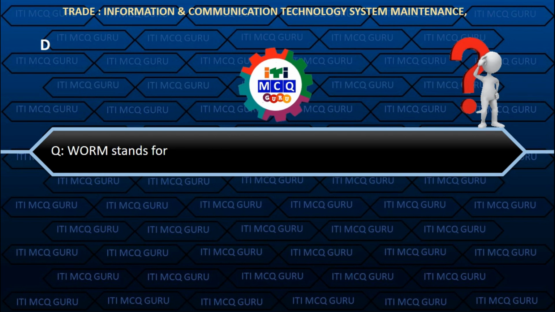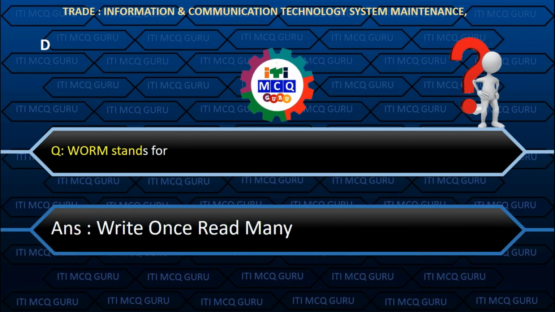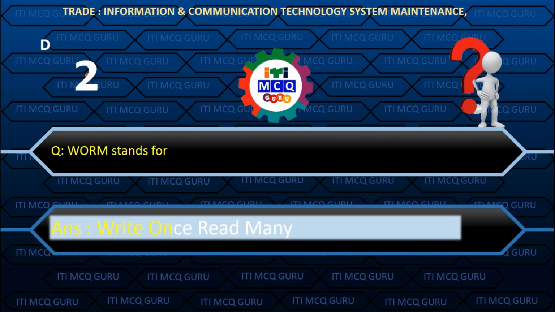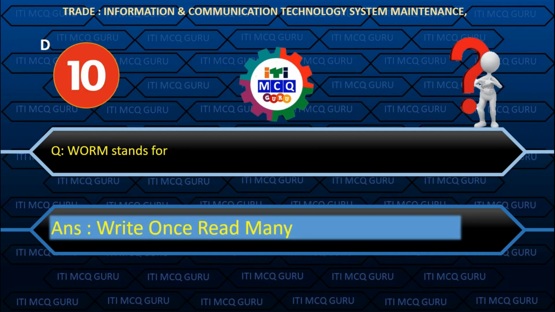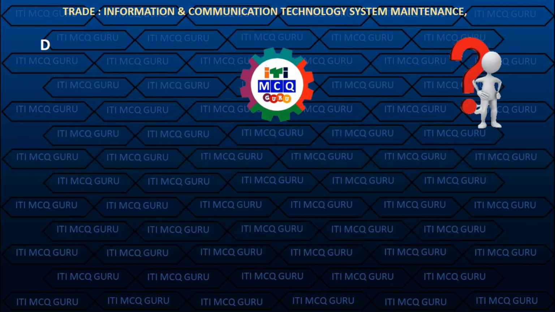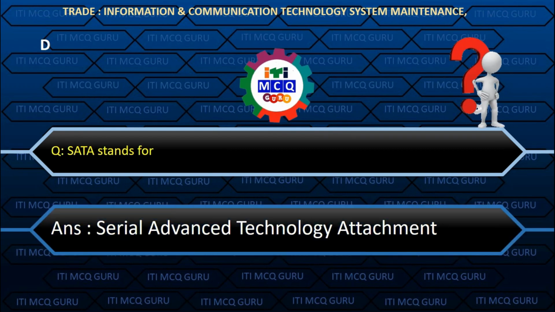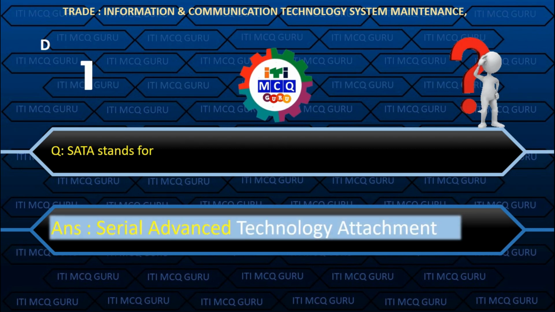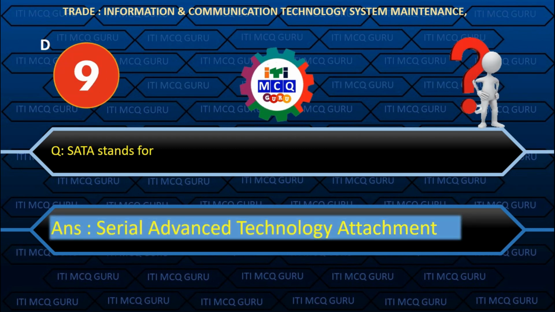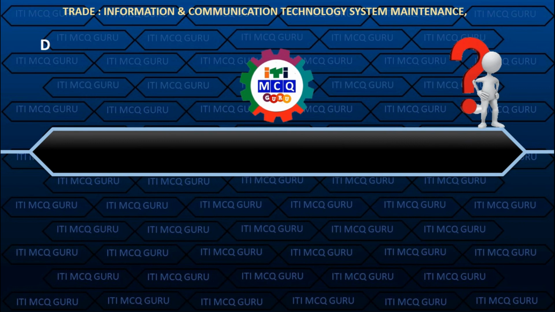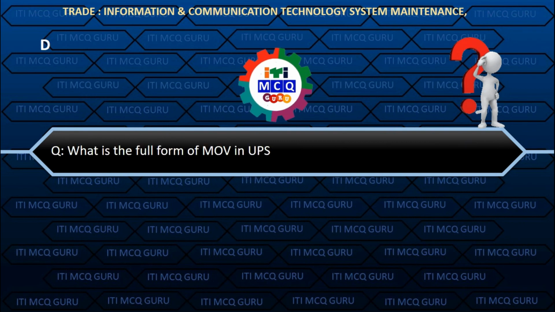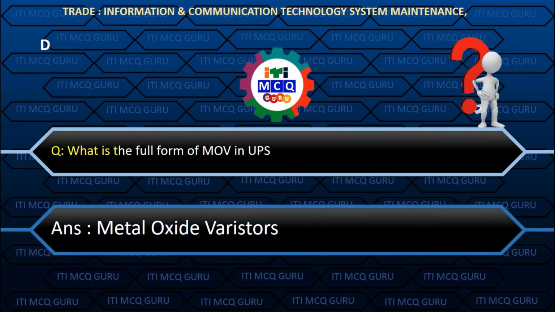WORM stands for, answer is Write Once Read Many. SATA stands for, answer is Serial Advanced Technology Attachment. What is the full form of MOV in UPS?